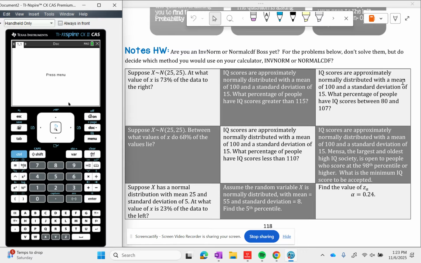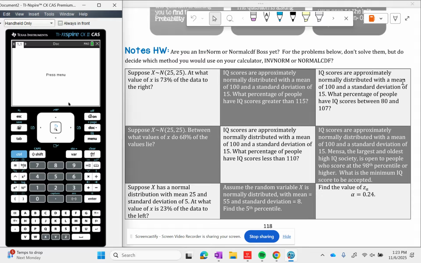We are looking for the proportion that's 2%, the top 2% of the population, right? So what are you going to know? We have the proportion on the left, we have the proportion on the right. Both of those are known. What are we going to use in this case? It's asking for a boundary. We have known, inverse norm. Good job.